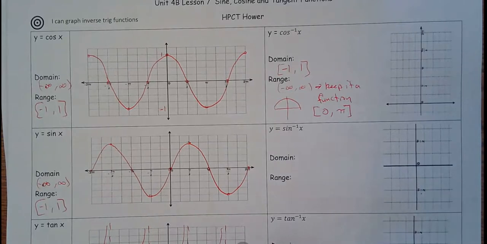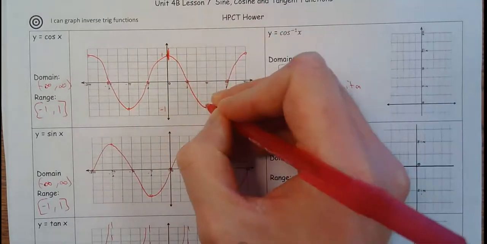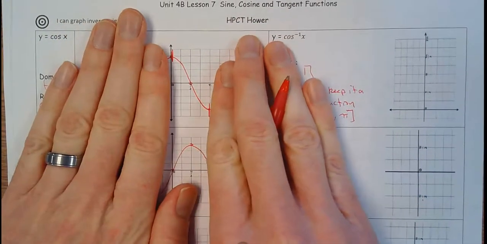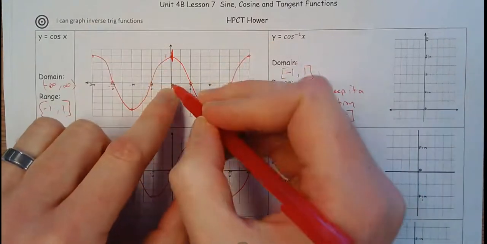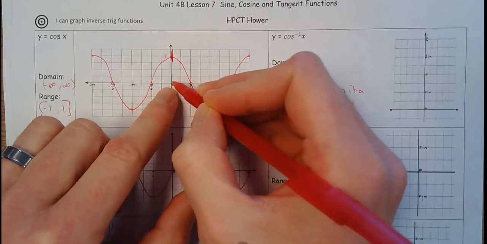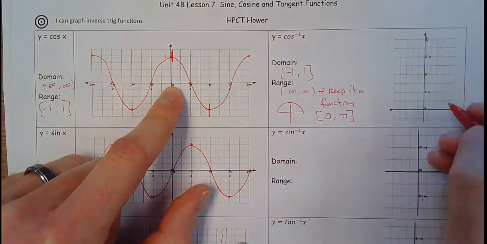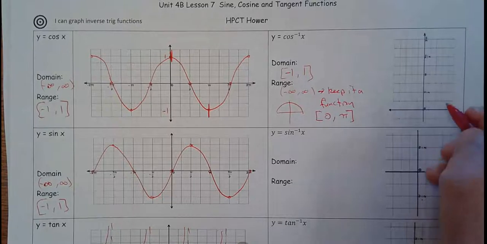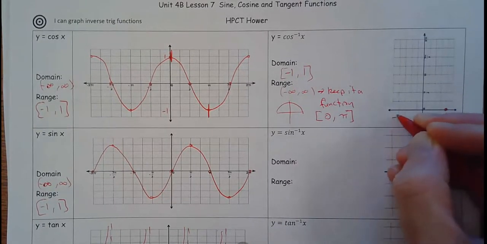So that's like taking this from 0 to pi. It's just taking that chunk right there, and we're going to flip it over. So when x was 0, y was 1. Now over here, when x is 1, we'll just say 1's right here. So this is 1, this would be -1.